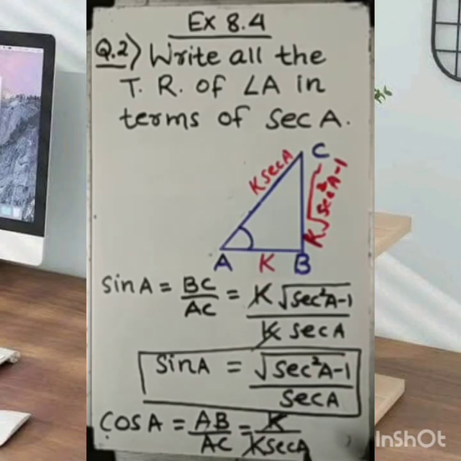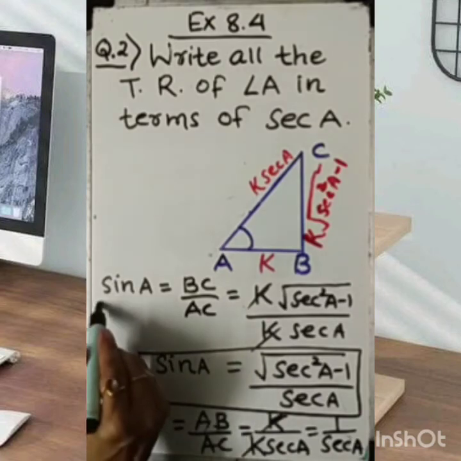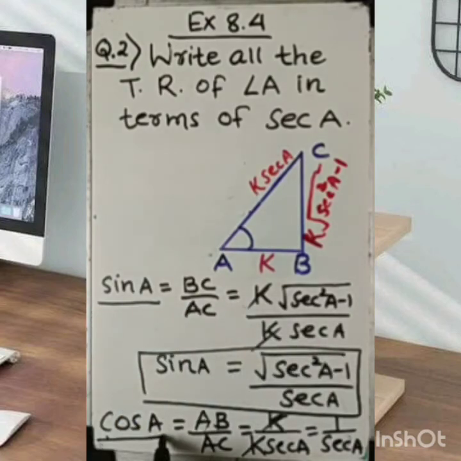K cancels. So it is 1 upon sec A, as they are already the inverse of each other. You know, cos and sec are the inverse of each other. So cos A equals 1 upon sec A. That is in the form of sec A itself. Okay, this is the first trigonometric ratio, this is the second. Let's move on to the third now.